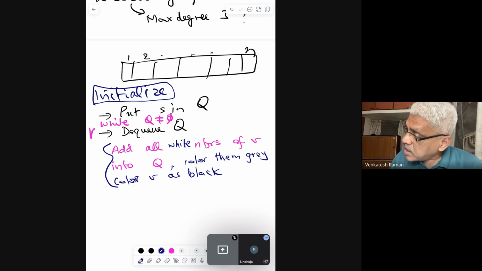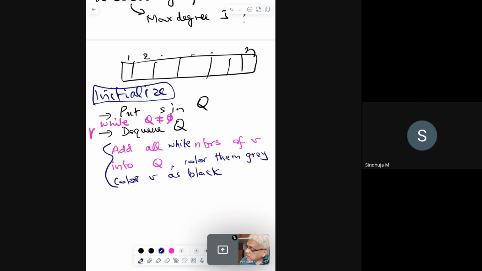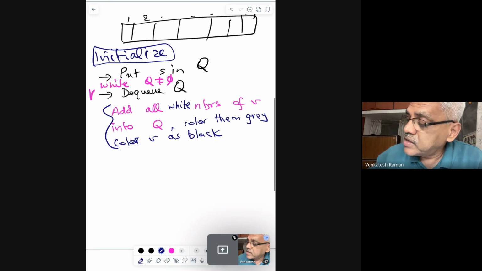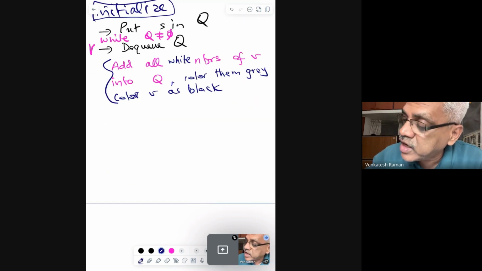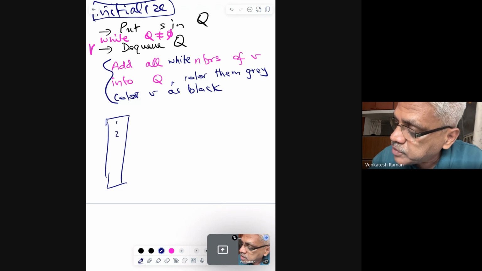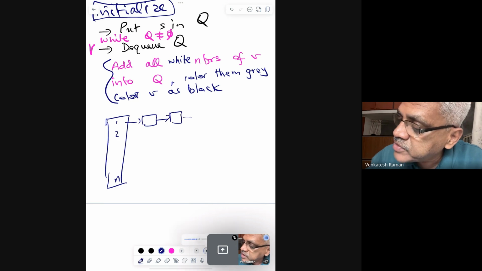No, because you have to look at all its neighbors, remember. So how does an adjacency list look like? You have vertices 1, 2, 3, up to n, and each will have all the neighbors in some sort of a linked list.